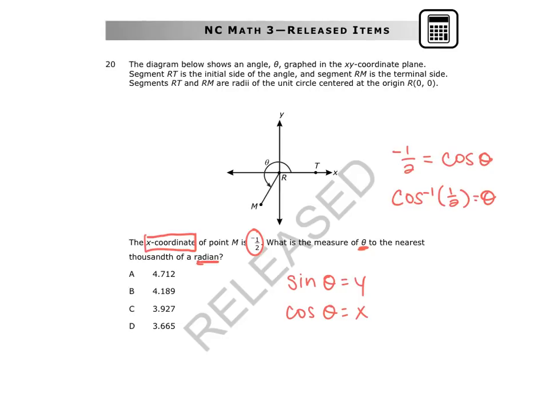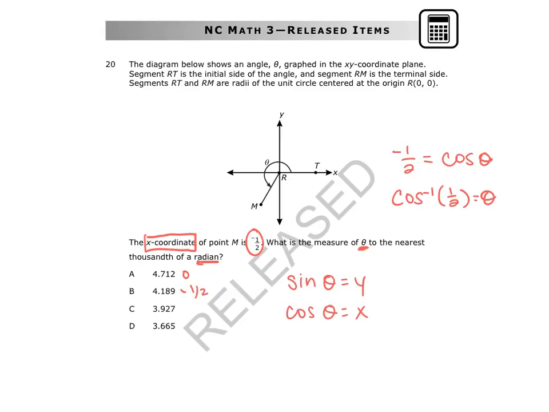Okay. What I end up getting on this one is not A. So I checked A and I typed it in as cosine 4.712 and I got basically 0. 4.189, I got negative 1/2.